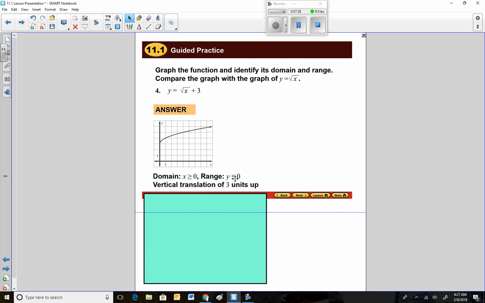This is incorrect, the range. Please understand, the range is y is greater than or equal to 3. And I'll write that down so we don't make that mistake. Cross that out. Y is greater than or equal to 3. Because look, the graph starts at 3 and everything is above on the y-axis. See all the graphs all above it. All right.